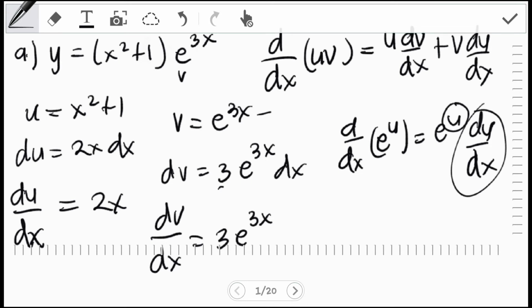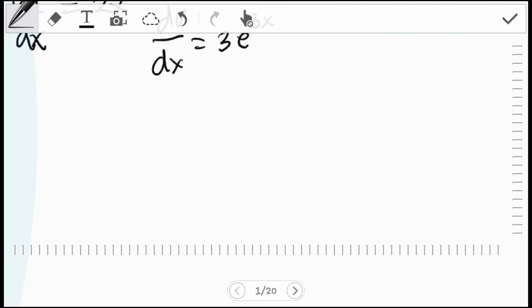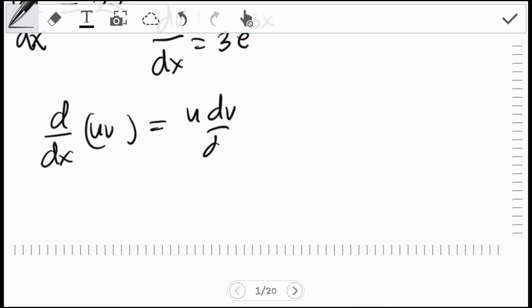Okay, so therefore the formula is d over dx of uv is equal to u dv over dx plus v du over dx.